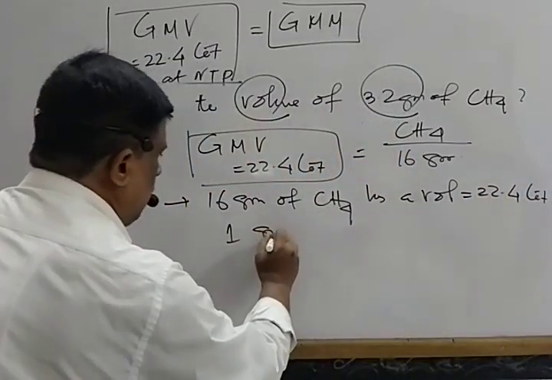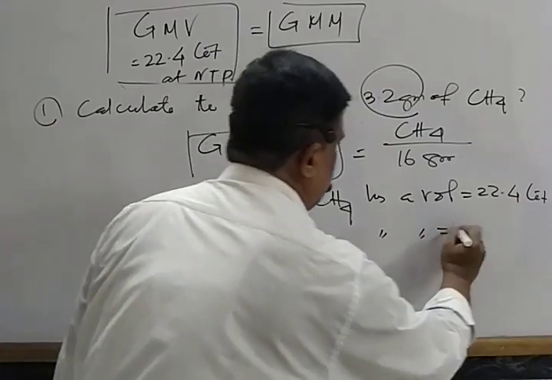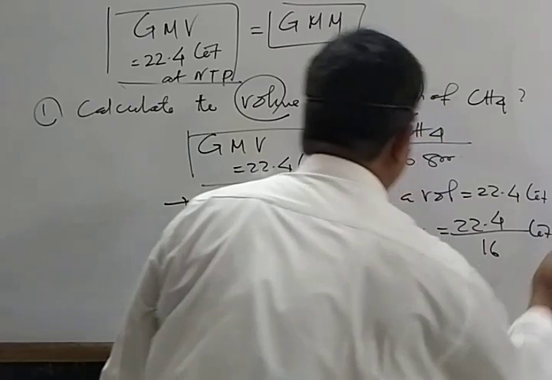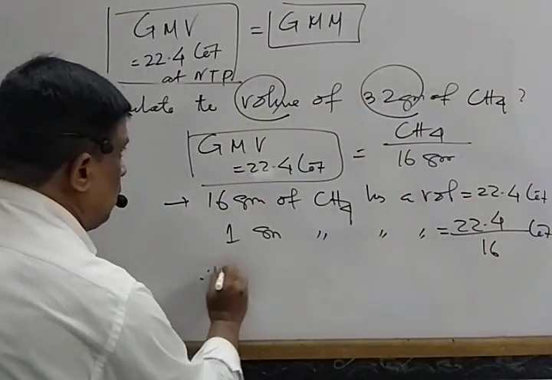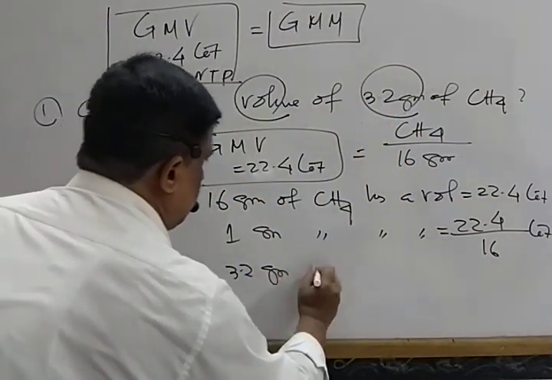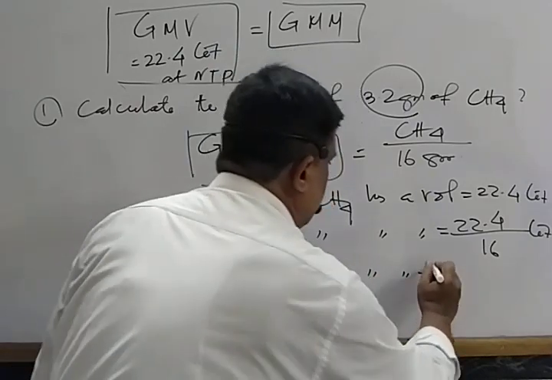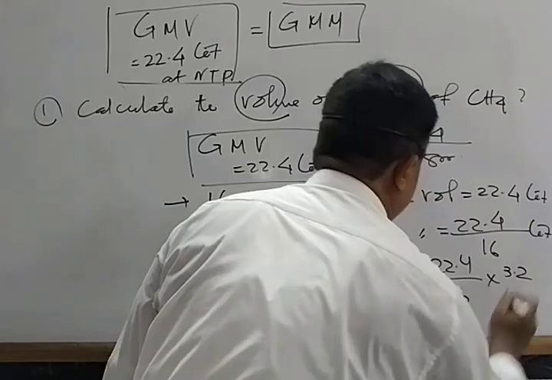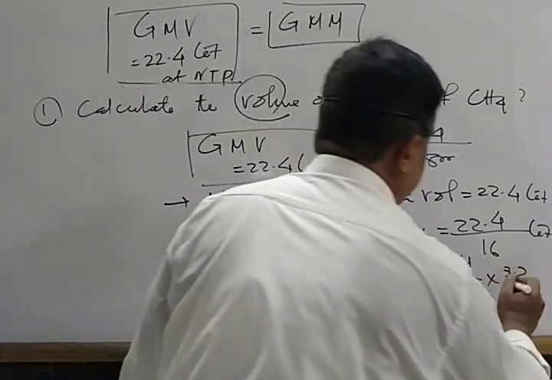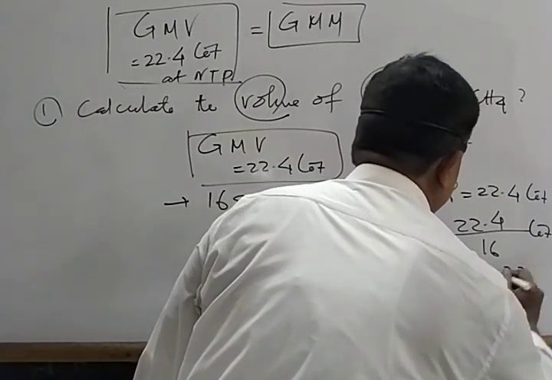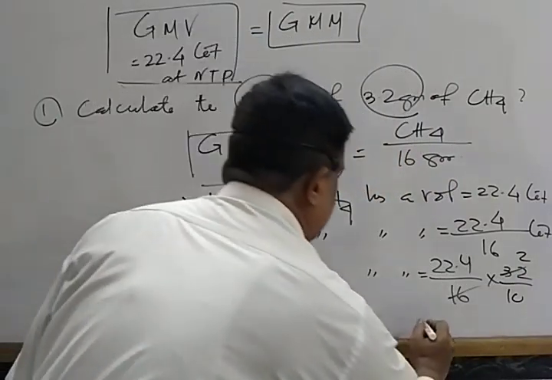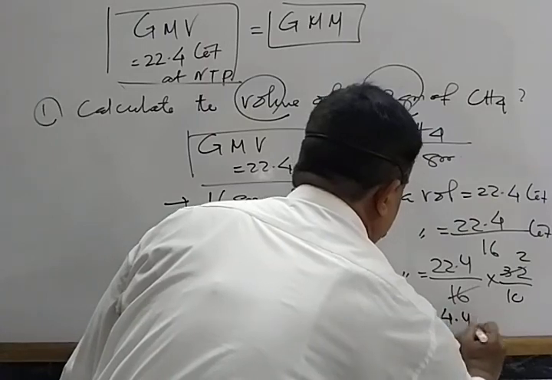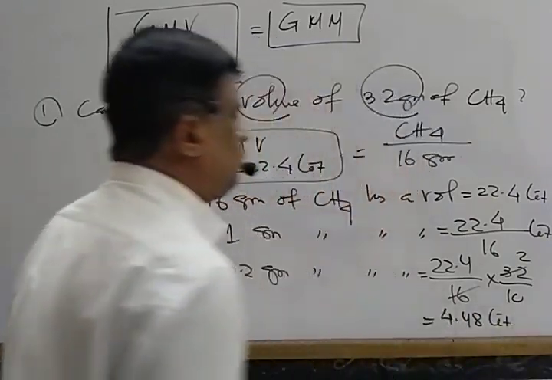Then 1 gram of CH4 has a volume 22.4 divided by 16 liter. Then according to the question, 3.2 gram of CH4 has a volume 22.4 divided by 16 into 3.2. On simplifying, that is 32 by 10 into 2, which is equivalent to 4.48 liter.